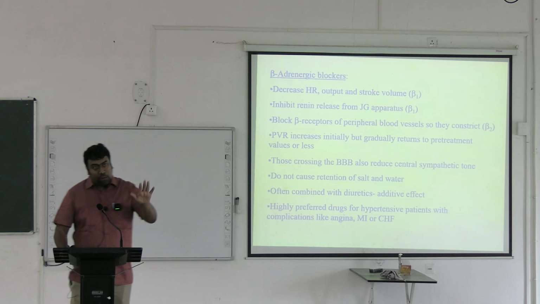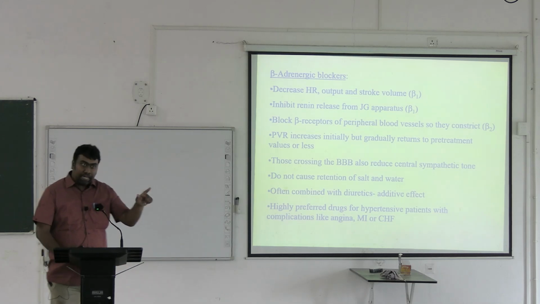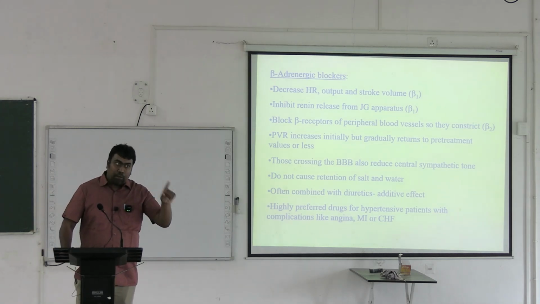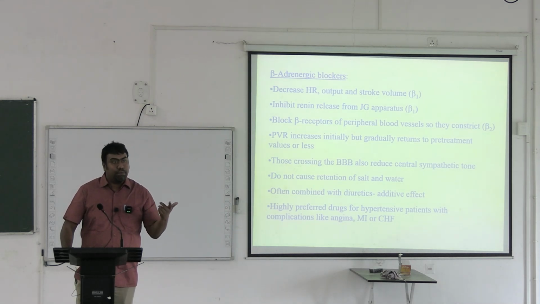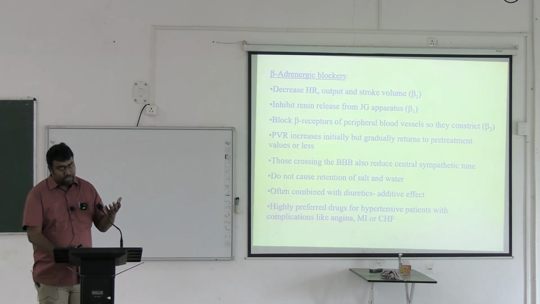Clear? So beta 1 is present in the heart and juxtaglomerular cell. If beta 1 in the heart is blocked, heart rate and cardiac output will be less. If it is less, hypertension will be reduced.